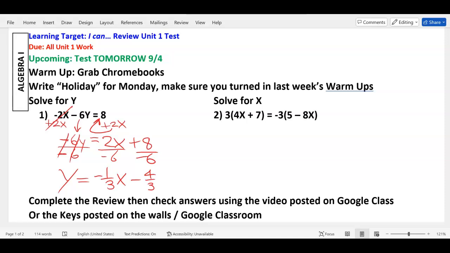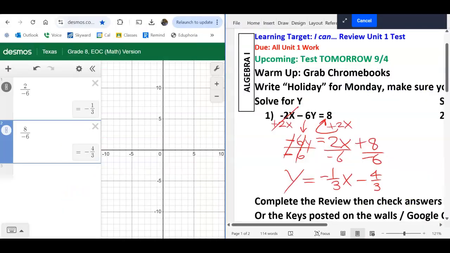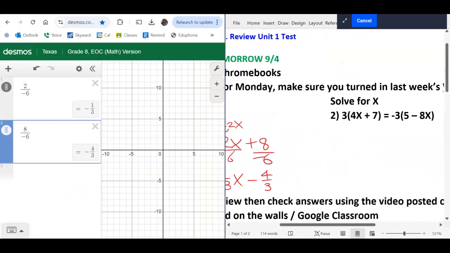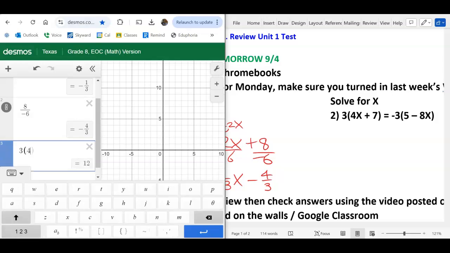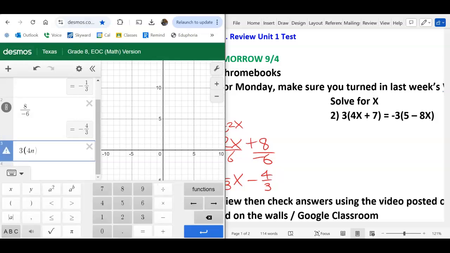So if I have an equation that I want to solve, I'm going to pull up Desmos. I'm going to start typing it in. What 2 things do I have to change? X cannot be X. It has to be any other letter besides X or Y. But we pick N. Think of N solve. So I'm going to type this in. 3 parentheses 4, and I'm going to use N like N solve plus 7.